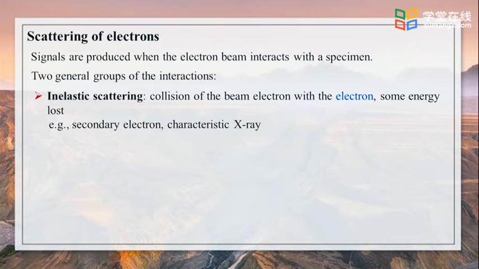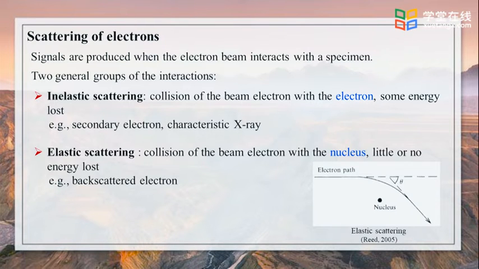One is inelastic scattering. It occurs when a beam electron interacts with the electric field of the electron of a specimen atom, resulting in a transfer of energy to the specimen atom. For example, the generation of secondary electron and characteristic X-ray.